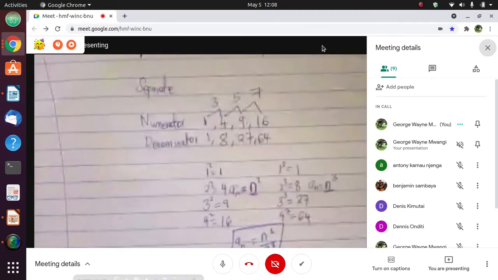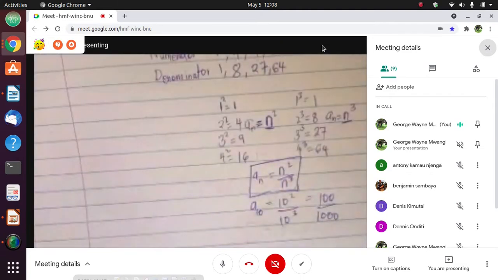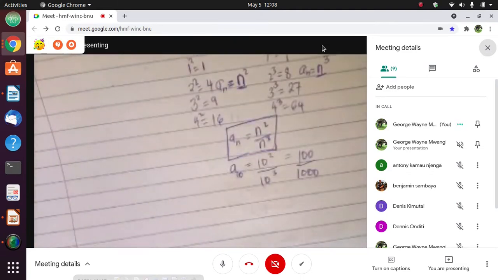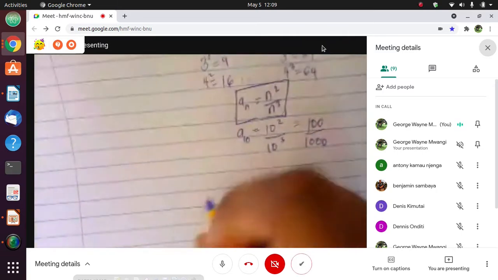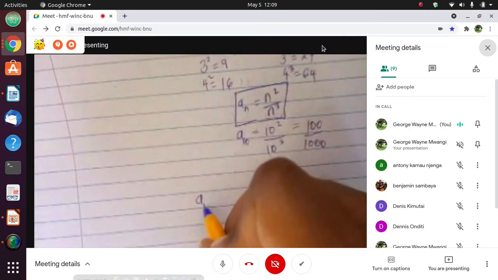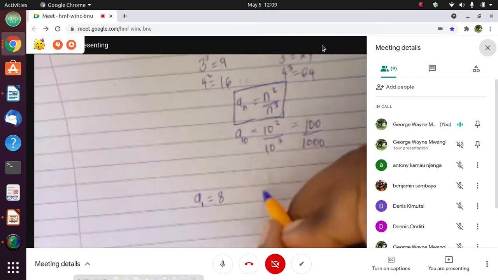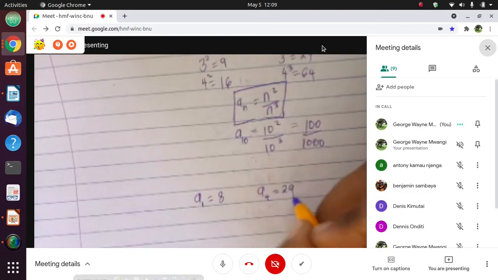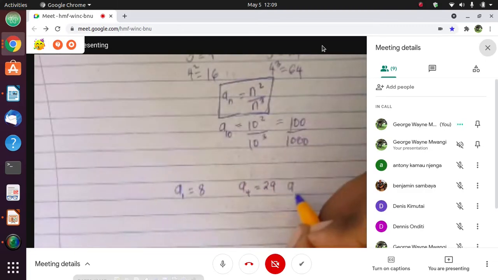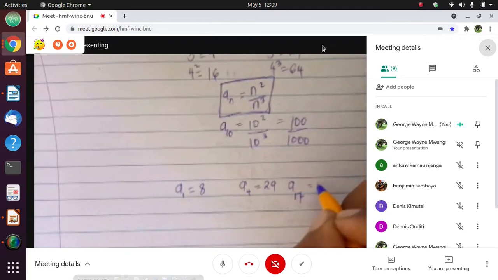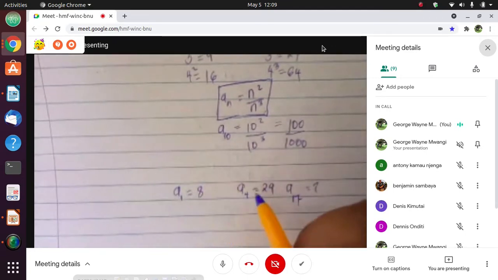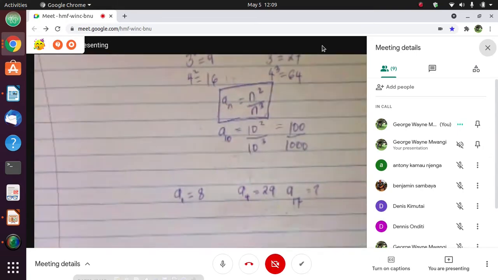Now, what if you have been given, for example, an arithmetic sequence, but it doesn't have successive terms? Kwa mfano, you have been told that A1 is 8, A4 is 29, and the question is asking you to find the 17th term. You have A1 as 8, you have the 4th term as 29, and then you're told to find the 17th term.